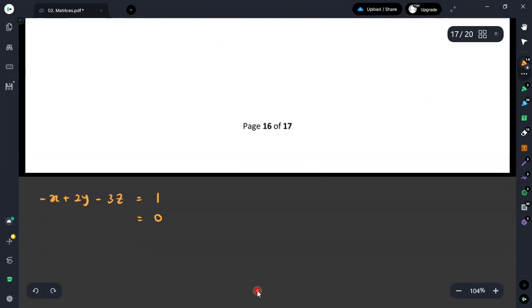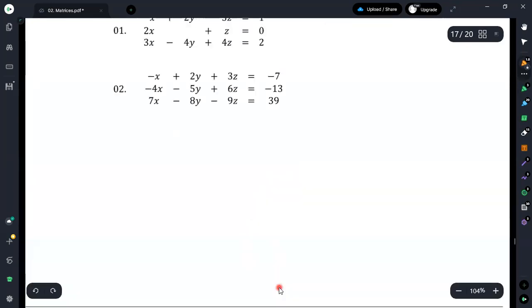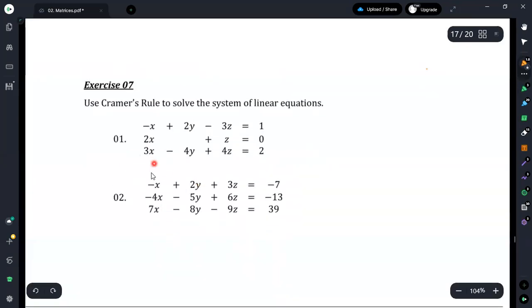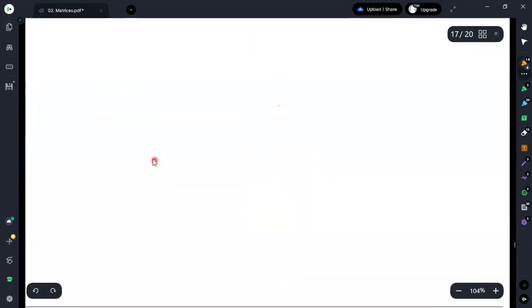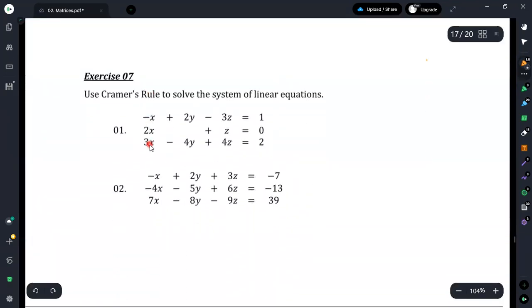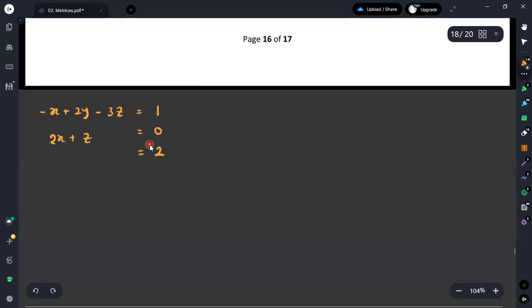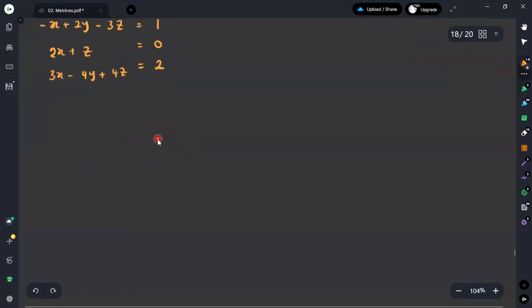Here it is 0, it is 2x plus z. And then the last equation is 3x minus 4y plus 4z equals 2. Therefore, suppose that this is the set of equations given for you for obtaining the values of x, y, and z.